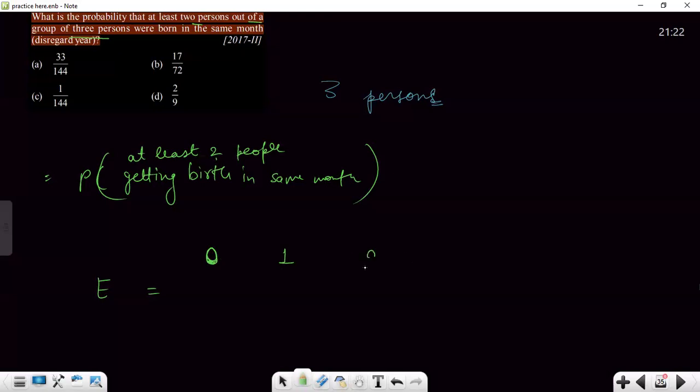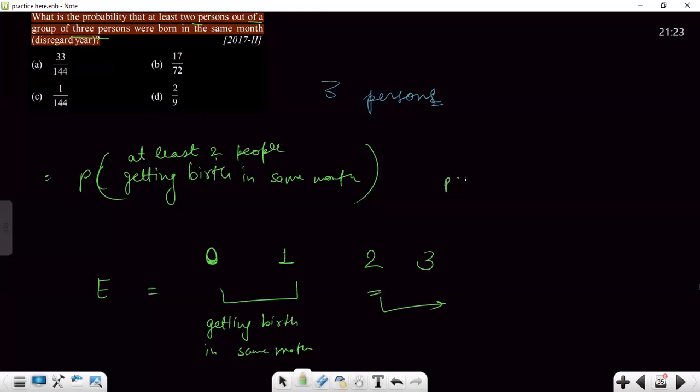There can be only at least two persons, or three persons, taking birth in the same month. So 0 and 1 are just not happening. Here we have to find at least two or more than two. So at most we have three.